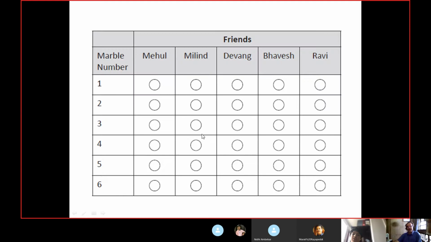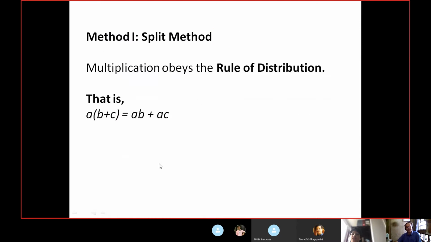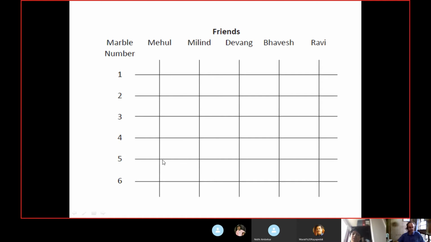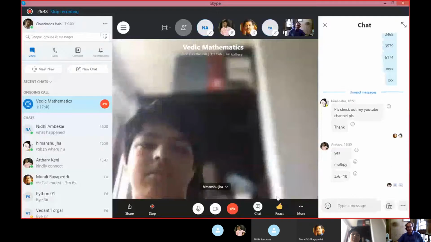Now, instead of having these rows and columns of marbles, I can represent them using lines. So this intersection will represent these marbles. Okay, fine. So this is what is multiplication.